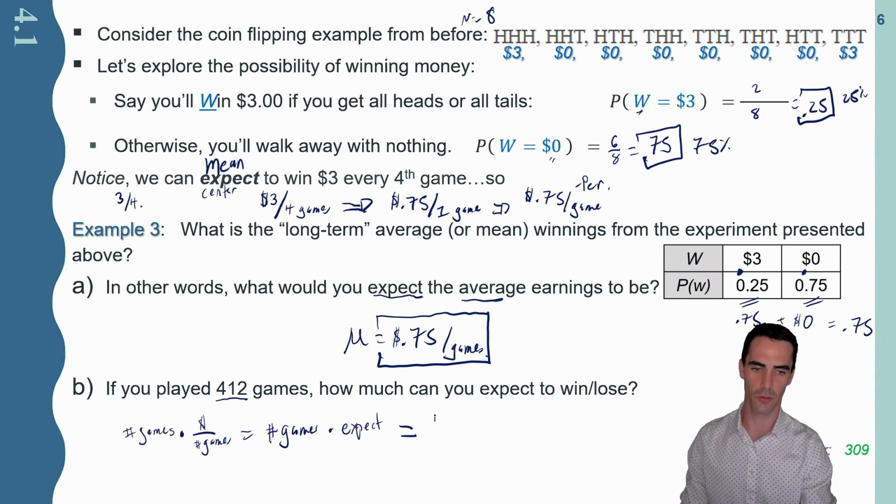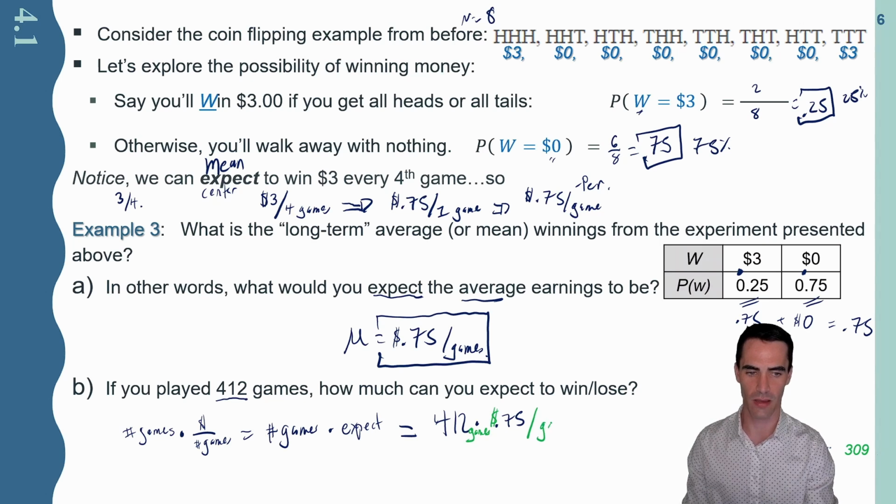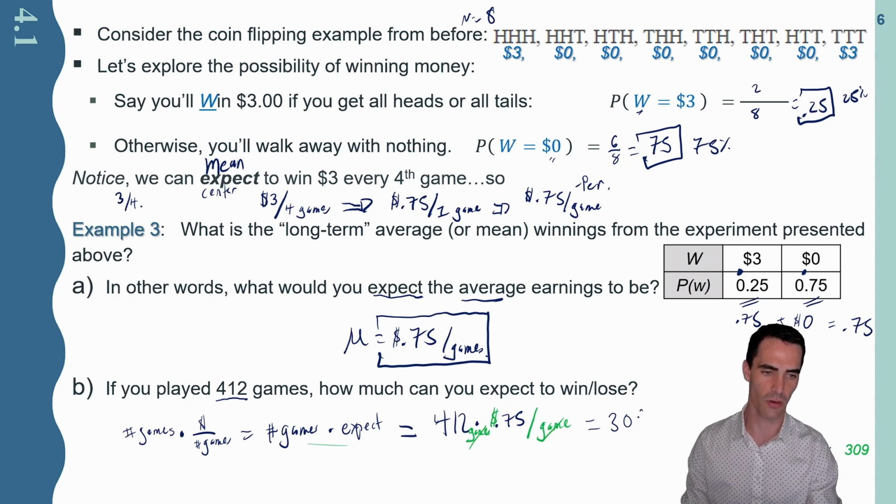So this is going to equal 412 times that 0.75. And to give this thing some units, that 412 represented games. Over here, this 75 cents is dollars divided by games. And so these games are going to cancel, and we're left just with clean earnings here. 412 times 0.75 gives you an answer of 309. And this is dollars.